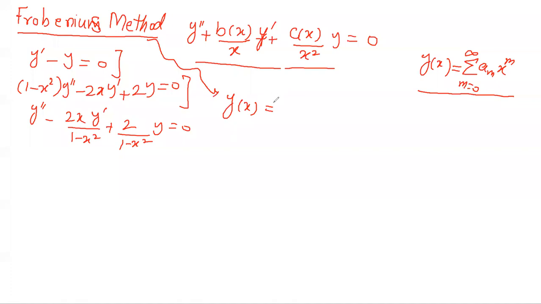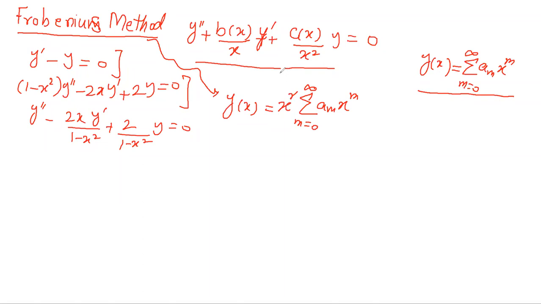This series is similar to the power series, but with an addition of x to the power r, and then the sum from m is equal to 0 to infinity of a_m x power m. So in this case, we will use this type of series to find the solution.